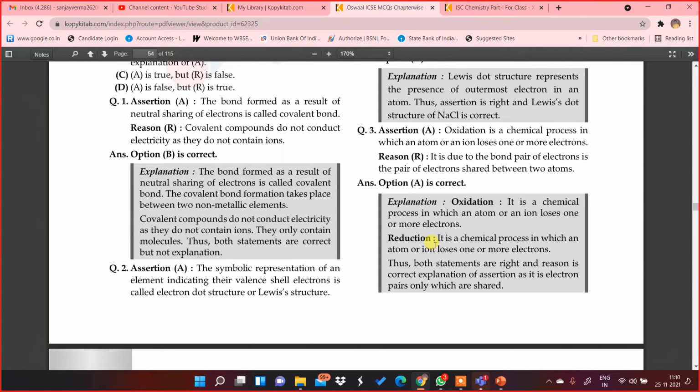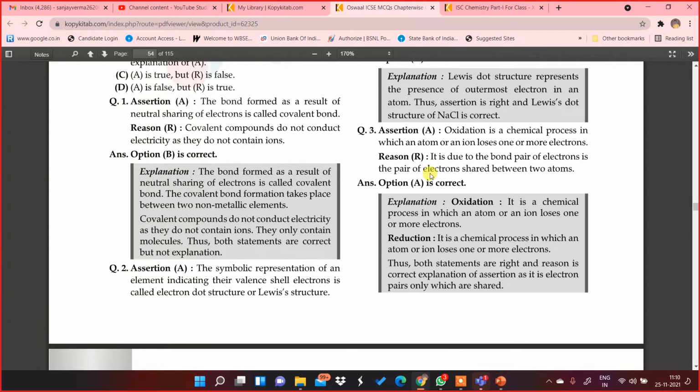Now this one is a fishy question. According to this textbook, option A is correct, meaning A is true and R is also true.